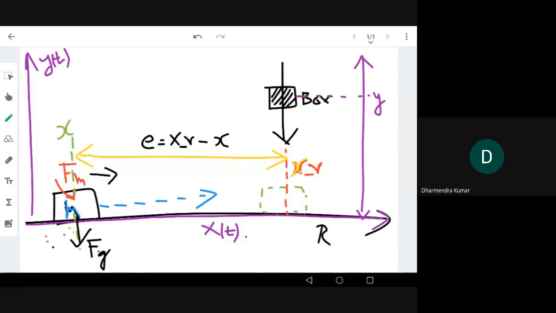Now we have x, this is a position, and this is the error. Then we have the Fg. We also have some force on the box. The box will also have a force Fg, force due to gravity, right? So this force also we have to take into consideration.